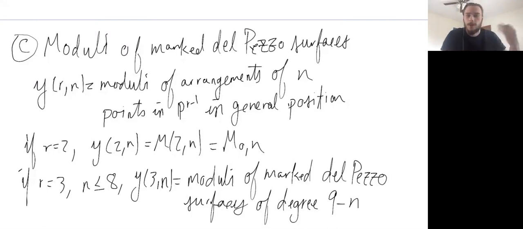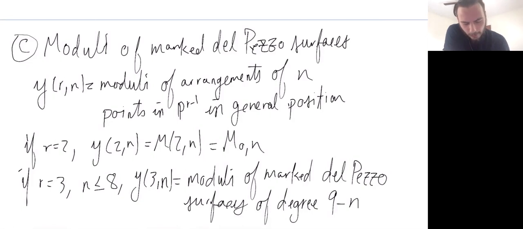The way that this works is, instead of looking at hyperplane arrangements, I'll look at point arrangements, and this is going to be contained in the moduli space of hyperplane arrangements by projective duality.